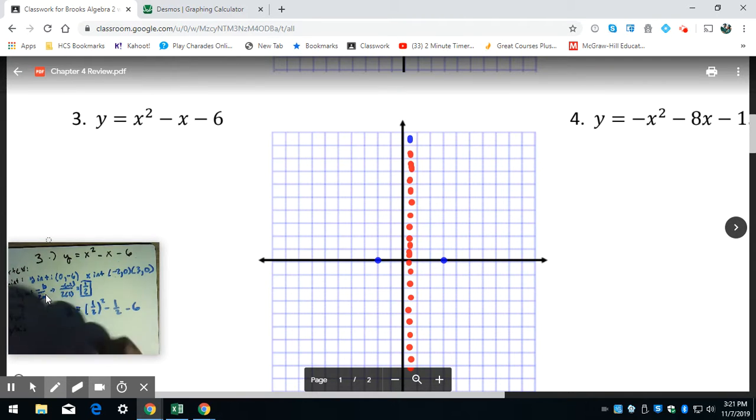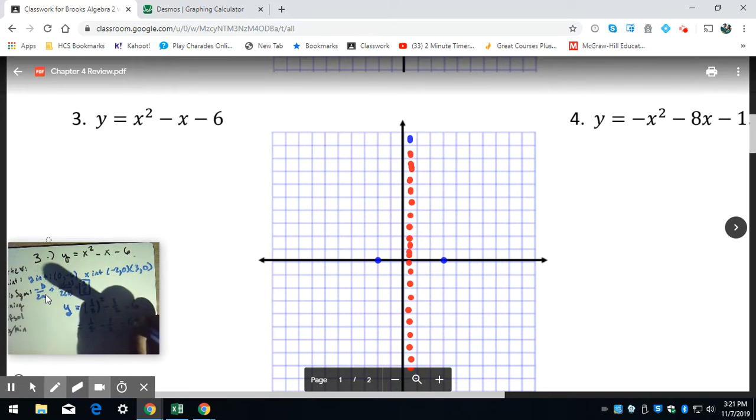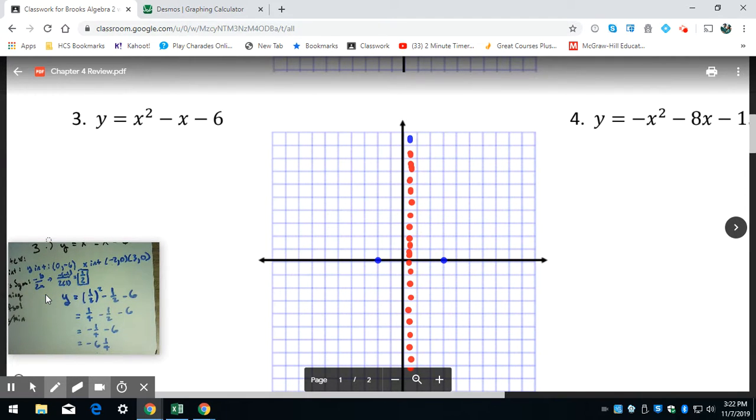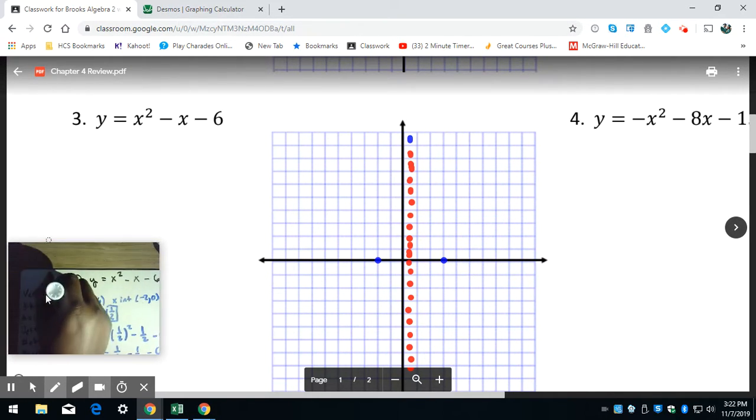Okay, 1/2 squared, that's going to be 1/4 minus 1/2 minus 6 equals -1/4 minus 6, -6 and 1/4. Remember 1/4, this is 2/4, so 1/4 minus 2/4 is going to be -1/4. All right. So this is our y value of our vertex, since this is the x value of our vertex. So our vertex then is going to be (1/2, -6 1/4).